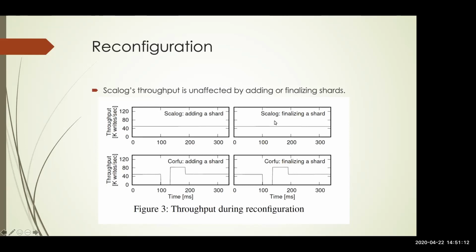Then finalizing a shard means writes have stopped on that particular shard, but it can only be used for reading. If a shard has been finalized, the throughput still remains constant for Scalog, but in the case of Corfu, there is certain downtime, and then the throughput increases.